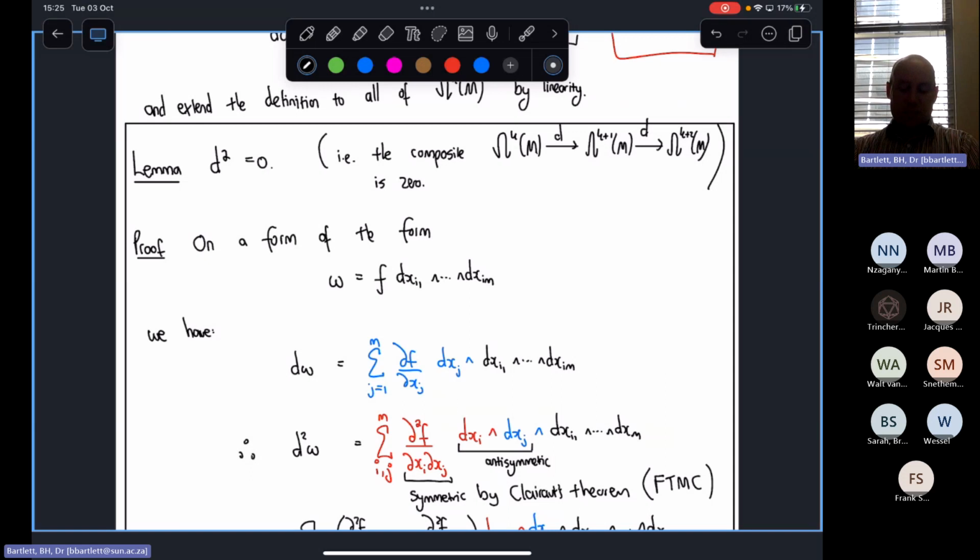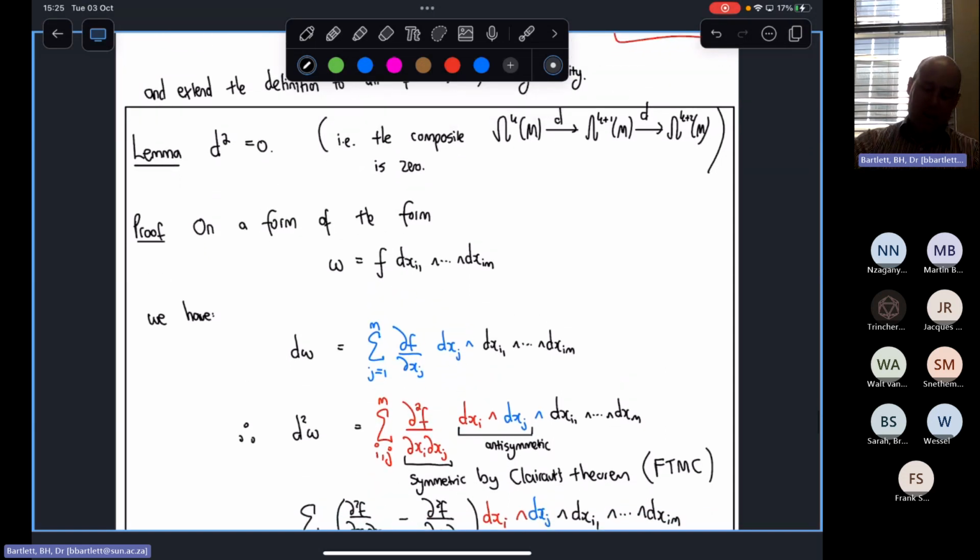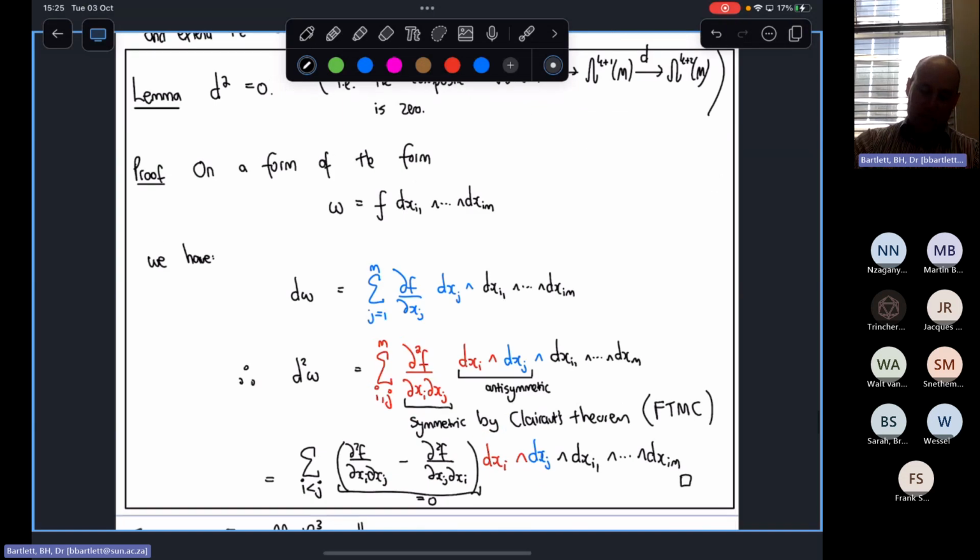So that means that this second derivative is going to be 0 because I could then go ahead and group the sum over all i and j into a sum where i equals j. In that case, I'm going to have a dx_i wedge dx_i, and that would be 0. And then the terms where i is not equal to j, for which there's going to be two contributions: one where i is less than j, and one where i is greater than j.